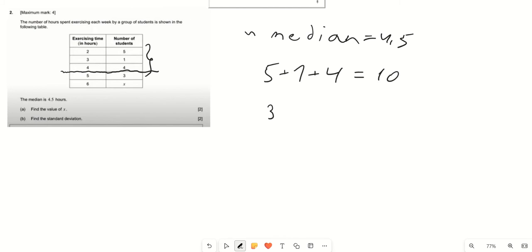So that means that 3 plus x here, the number of students that spent more than the median, must be equal also to 10, which means that x equals 7. So this is A.